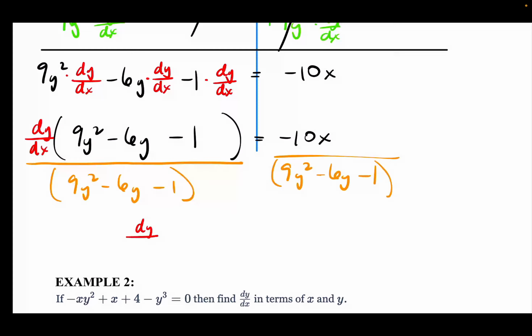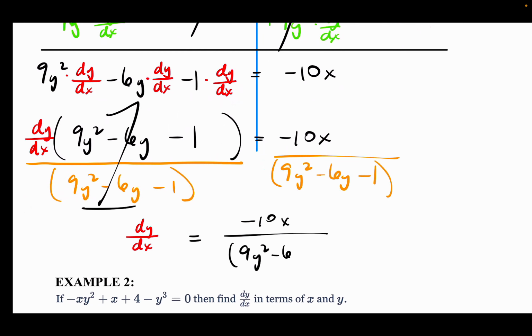So dy over dx equals, anything divided by itself makes a 1, so all of this is a 1. So it's negative 10x divided by 9y squared minus 6y minus 1.